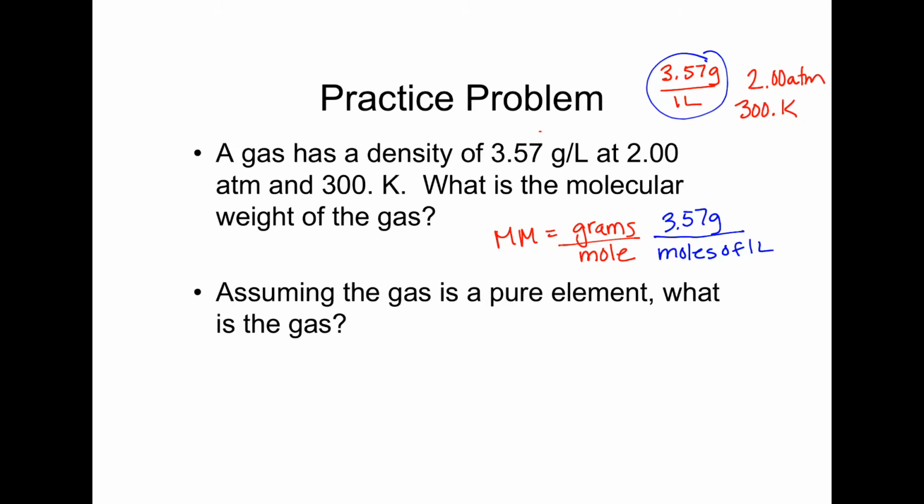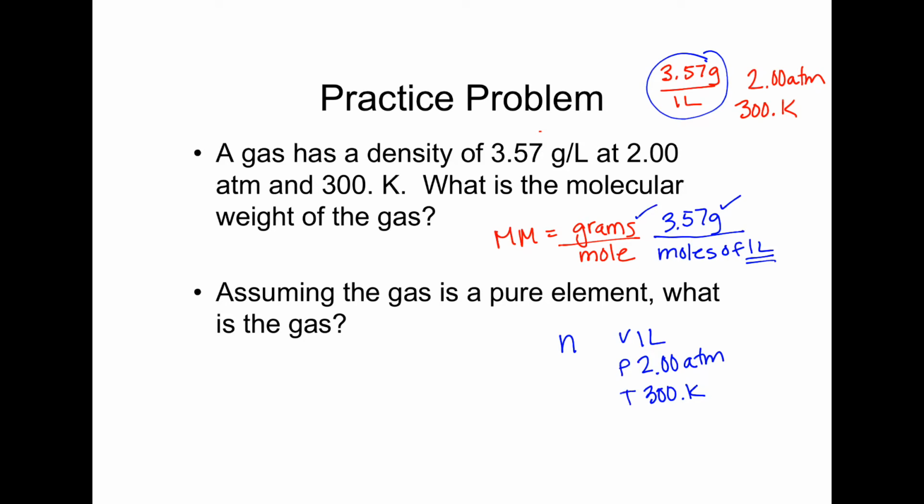So I'm going to do my work for that down here. So I already have the mass part, I have the grams part. I'm working on the moles part. I'm trying to find moles, and the information that I have is that I'm assuming that I have 1 liter, I have 2.00 atmospheres, and I have 300 Kelvin. So what I have there is moles, volume, pressure, and temperature.